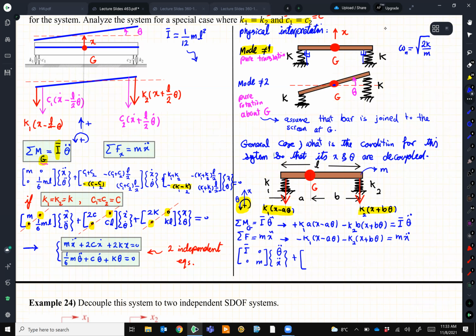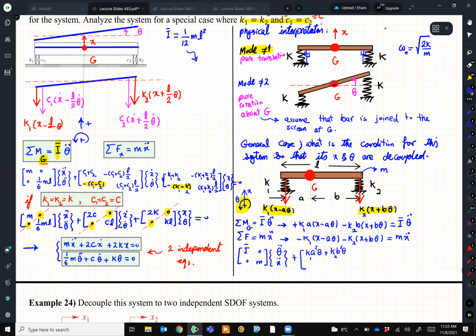So for K, let's see what we have. I'm going to have K1 and K1 a squared, and I'm going to have K2 b squared.